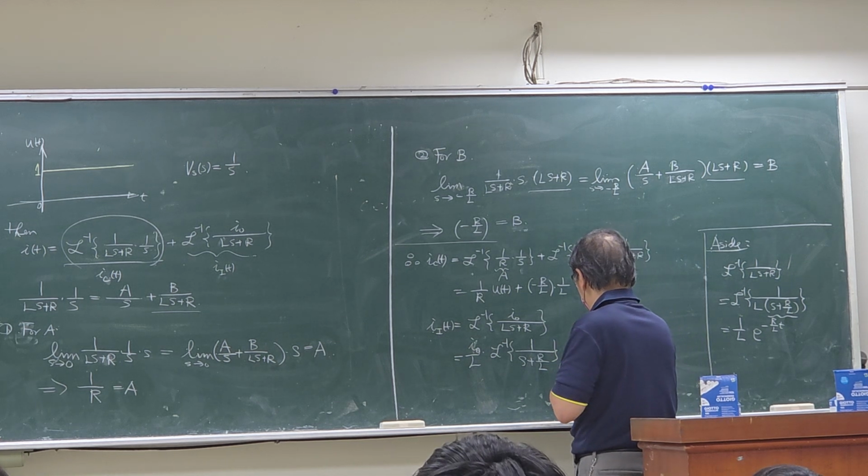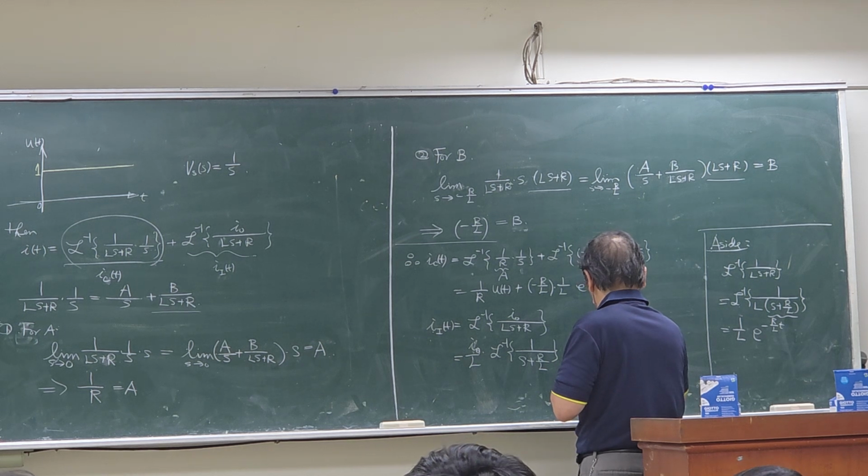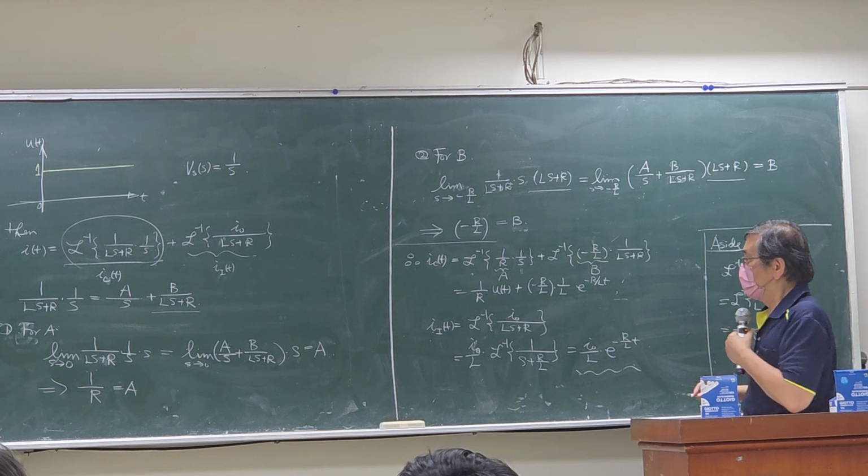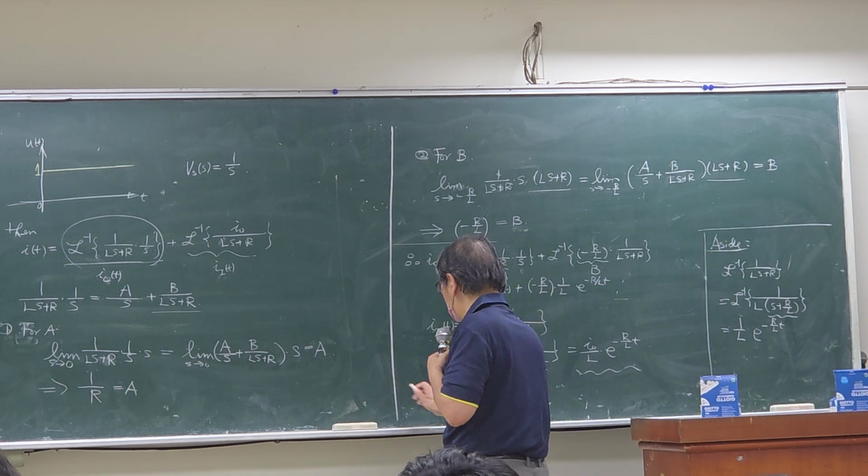So that's equal to I_0 over L times e to the negative R over L times t.